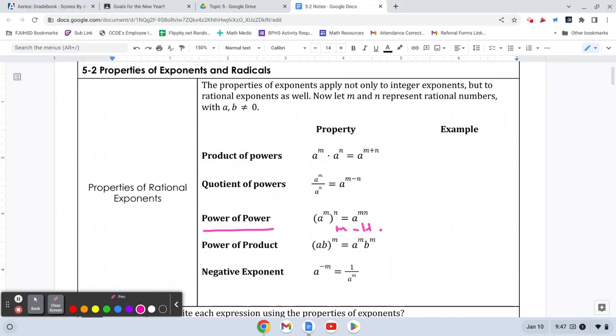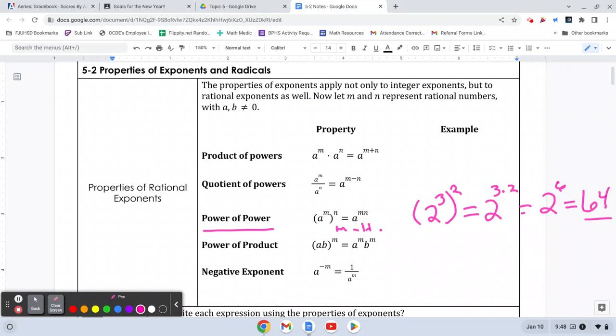So a to the m times n. This will be like when we have 2 to the third power raised to the second power. This means it's going to be 2 to the 3 times 2, which is equal to 2 to the sixth power, which is going to be 64. 2 to the fifth power is 32. You multiply that one more time by 2 and you get 64.